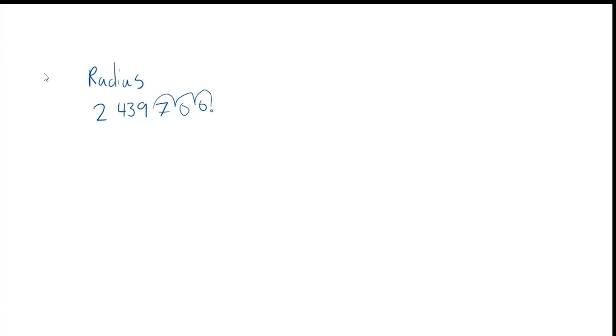So the way we do that is we could include all our important figures, and we usually in scientific notation just leave the first number as the important number at the front. So we got 2.4397. These are all significant figures.